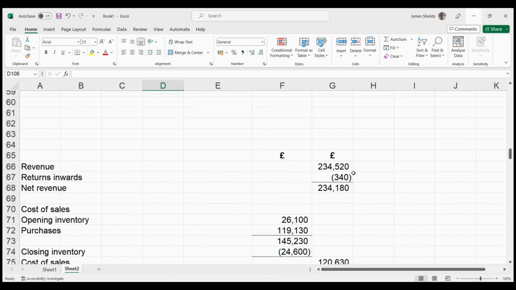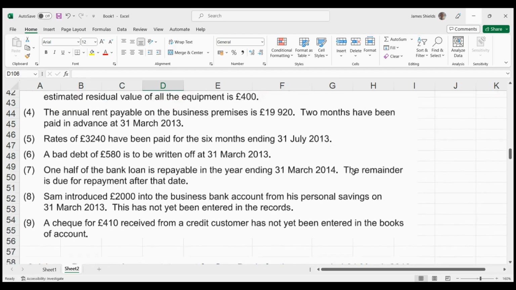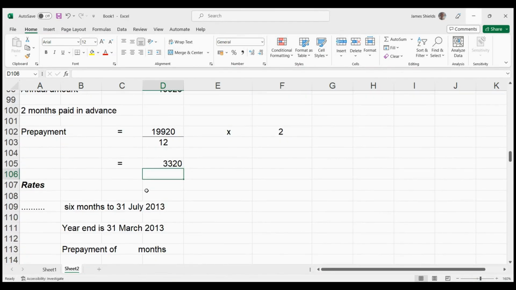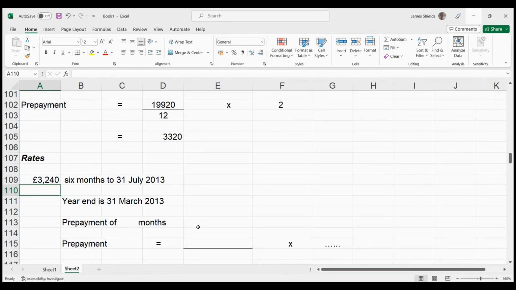Now, the rates, which was £3,240, have been paid for the 6 months ending 31st of July 2013. So let me put down the amount first, £3,240. Now, it's for a 6 month period to the 31st of July 2013. Our year ends the 31st of March 2013. So it's been paid for a few months after March 2013. And the months are April, May, June, and July.